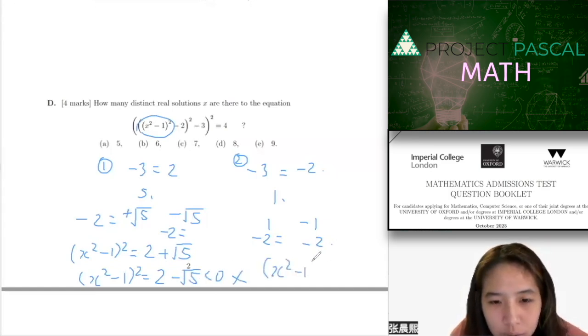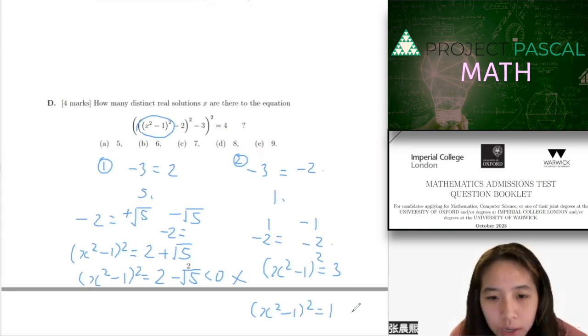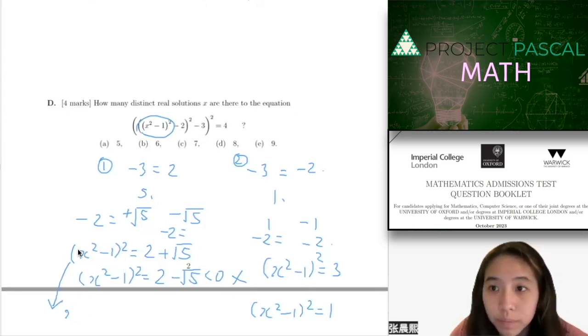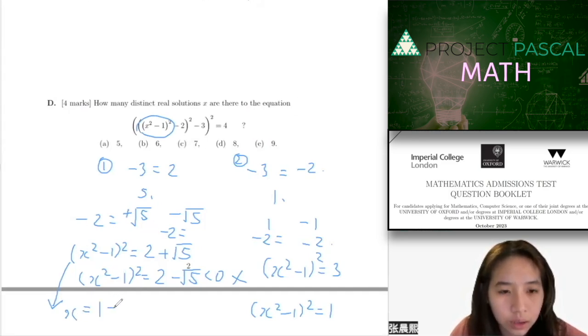And x squared minus 1 equals 3, or x squared minus 1 squared equals 1. And then for this case, x equals 1 plus minus 2 plus root 5, and plus or minus this entire thing.